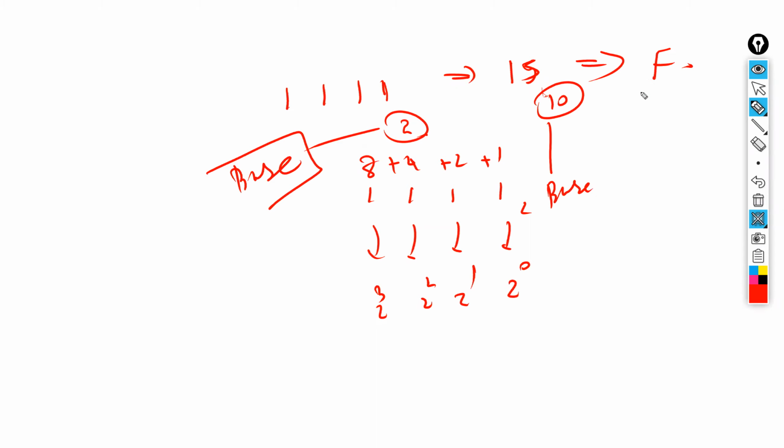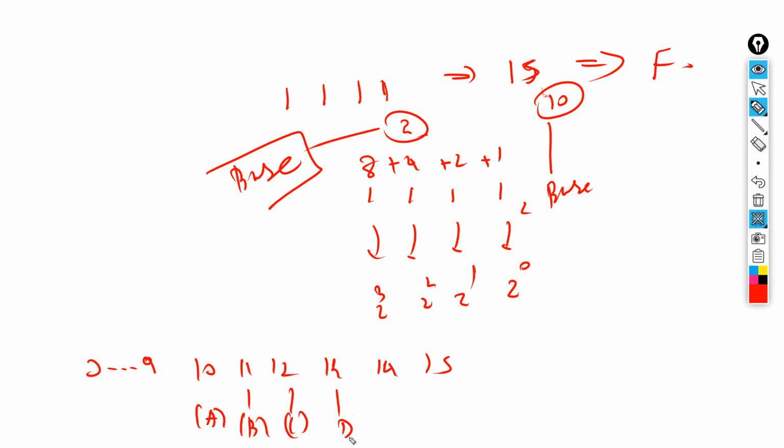Very good. Letter F. Because you know, we say 0 to 9, then 10, 11, 12, 13, 14, and 15. We say 10 means letter A, 11 means letter B, 12 means letter C, 13 means letter D, 14 means letter E, and 15 means letter F. That means the denary number 15 refers to hexadecimal F, base 10.